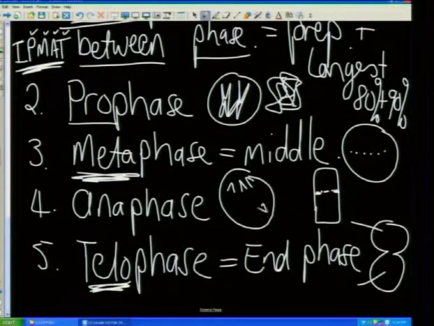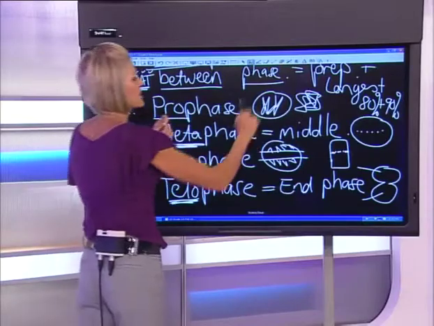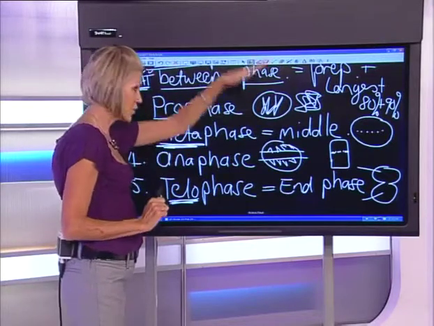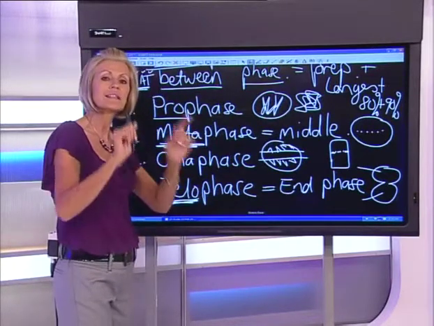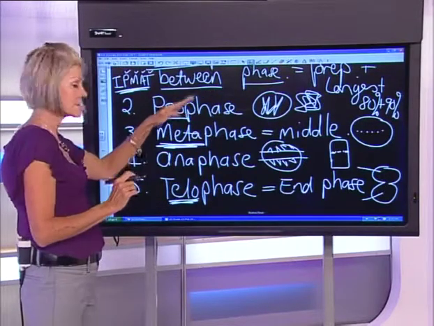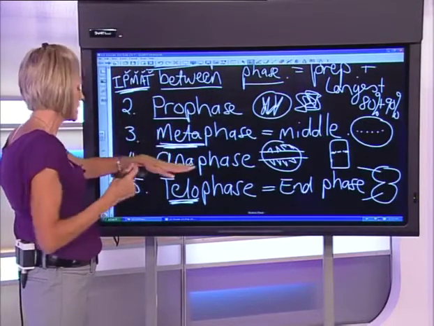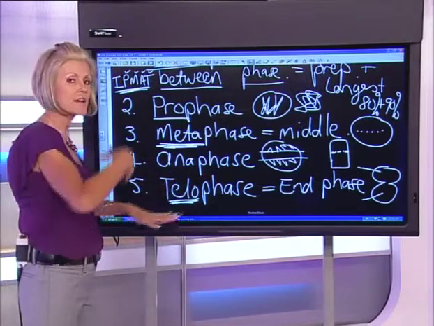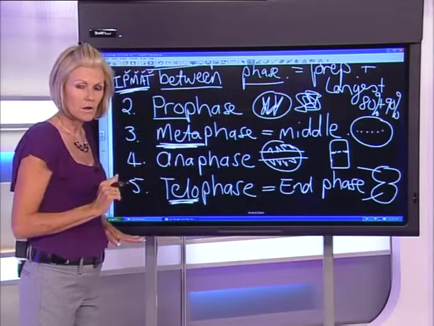So you've now got your chromosomes heading in the opposite direction. And you've got this nice big space in the middle. So that's anaphase, prophase, everything is scattered around. And if you remember it is IP-MAT, interphase, prophase, metaphase in the middle, anaphase, and telophase at the end.